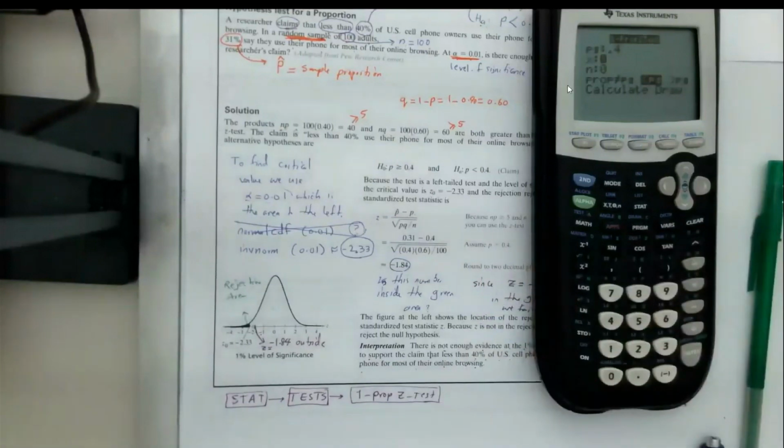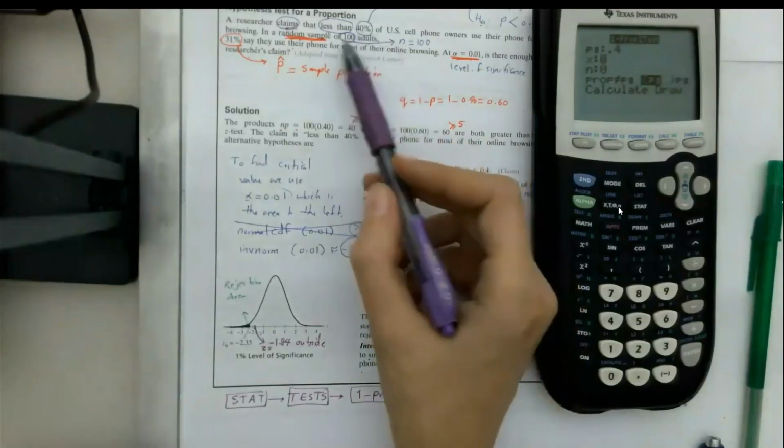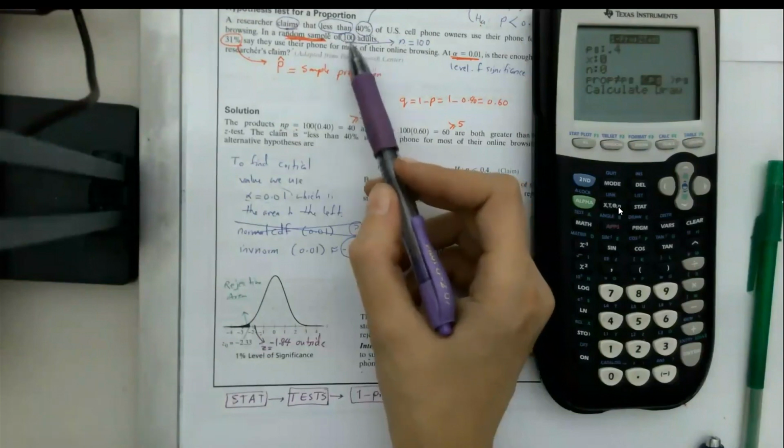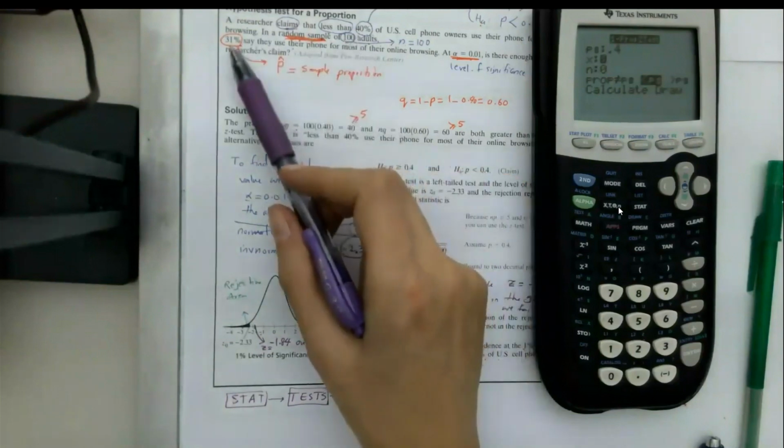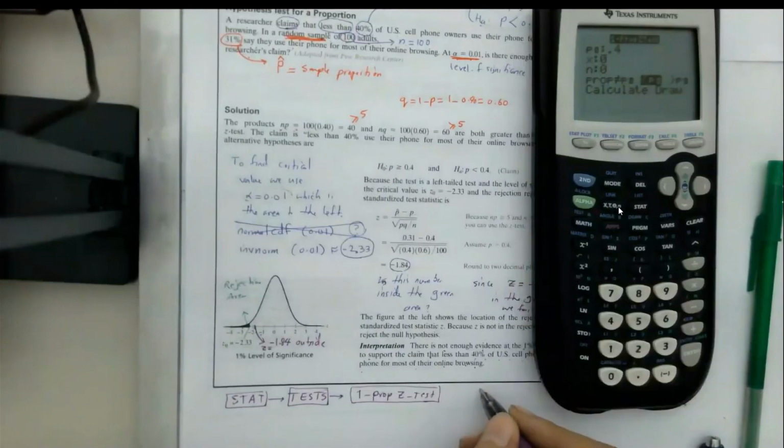We have all the information that we need. Here you have a sample of 100 adults, 31%. So what is x? 31, nice, and n is 100, excellent.